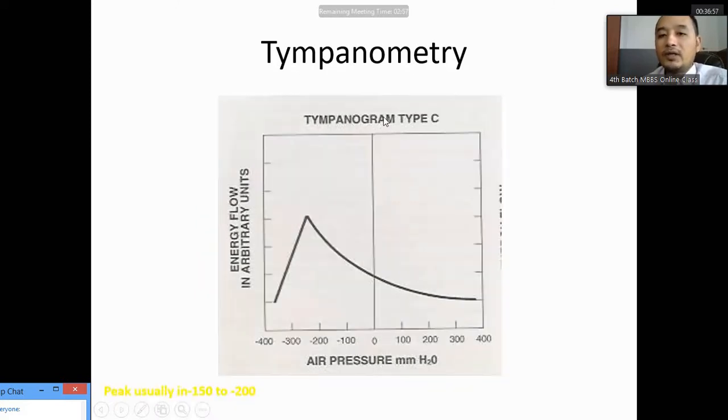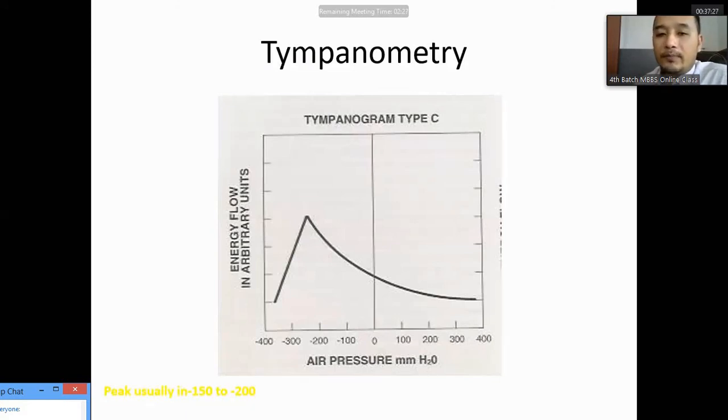Now type C tympanogram, the peak occurs at around minus 200 millimeter of water, negative pressure. When you pull out the tympanic membrane outside, then the compliance is higher, and as we go towards the neutral and the positive pressure, the compliance decreases. This happens in eustachian tube dysfunction. When eustachian tube dysfunction occurs, the middle ear does not get ventilated and the ear gets obstructed.